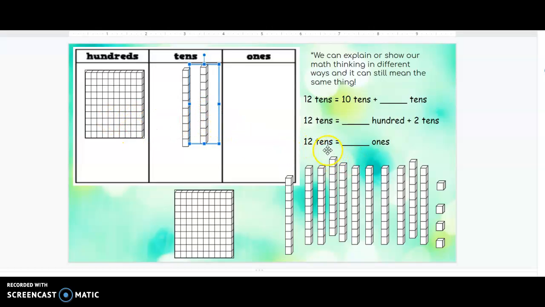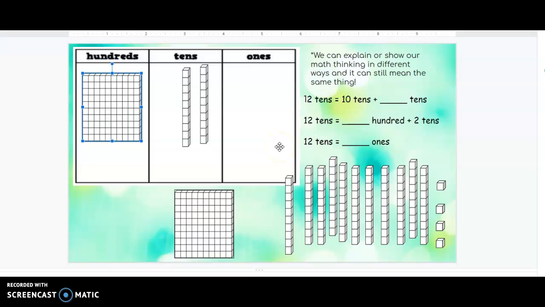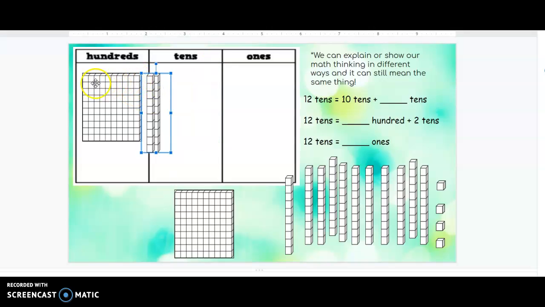All right. 12 tens equals how many ones? So if I know that if I add these over here, we have all together. Pretend like these are all tens. This is a flat. I know that. So we have 10, 20, 30, 40, 50, 60, 70, 80, 90, 100.